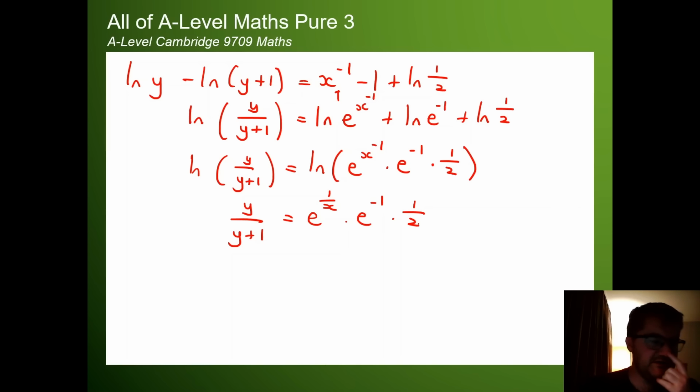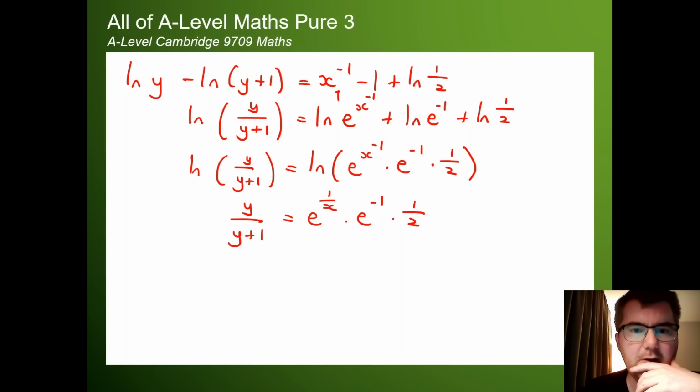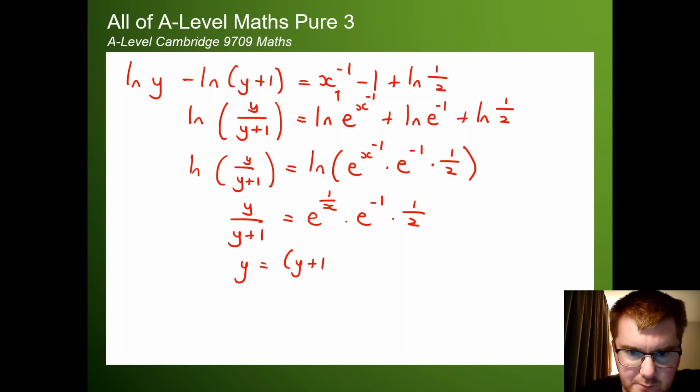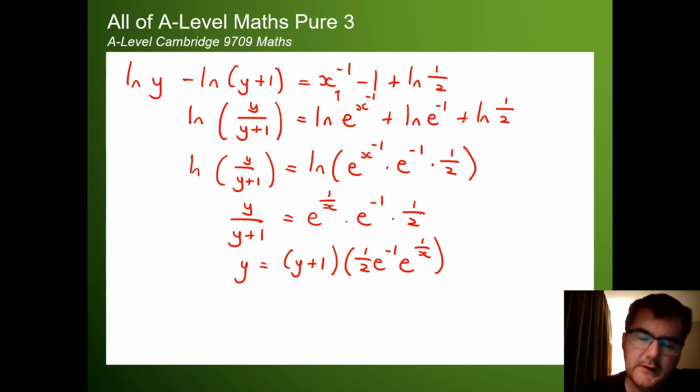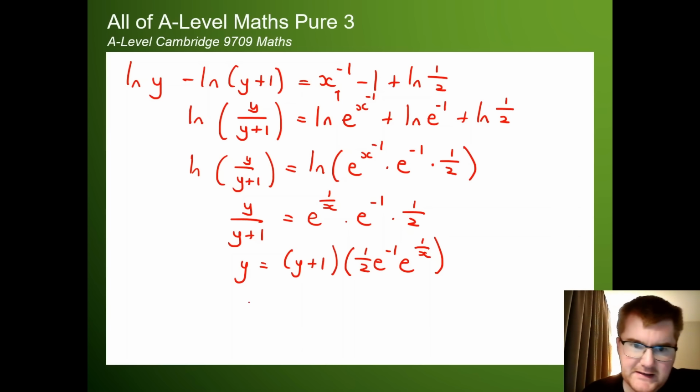Okay, and now we just need to rearrange this to make y the subject. So the way we do this, we're going to multiply by the denominator. So we have y plus 1 times a half e to the power of minus 1 e to the 1 over x. Okay, so we're going to have to expand out the bracket here.